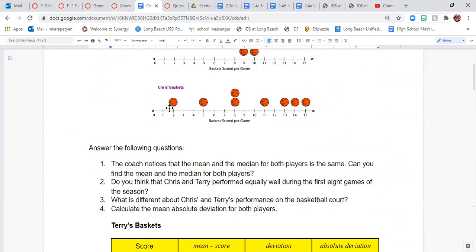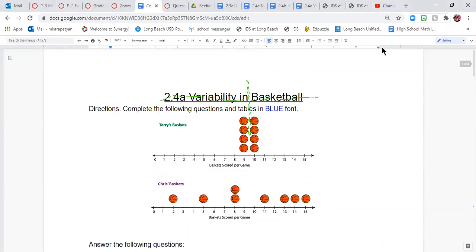Okay, in his data, we can see that right here. If our mean for Chris is 9.5, here's 9.5, here's our average, here's our mean and our median. So we can see that there's a lot more variability in our data for Chris versus if I take a look at Terry's.